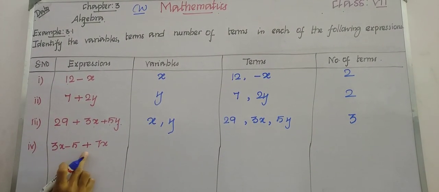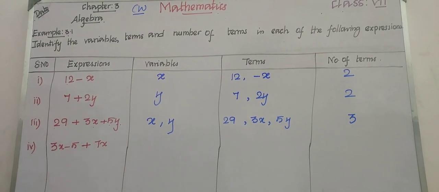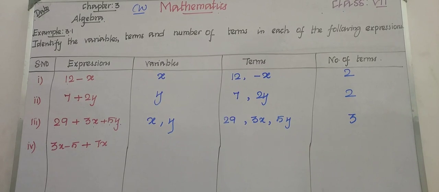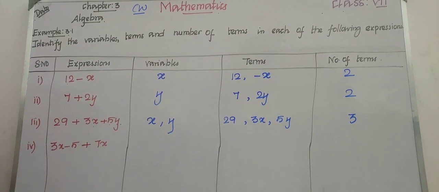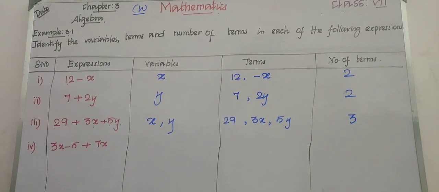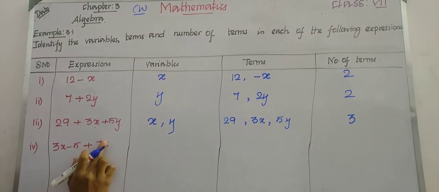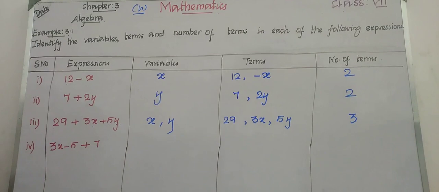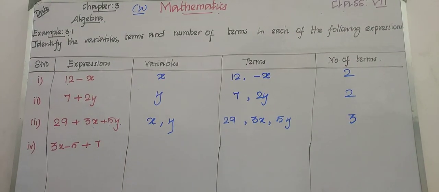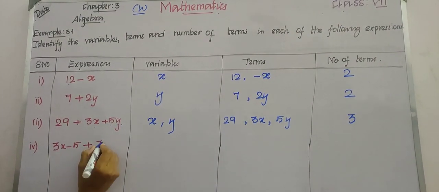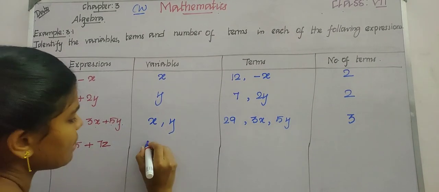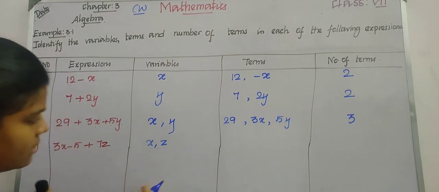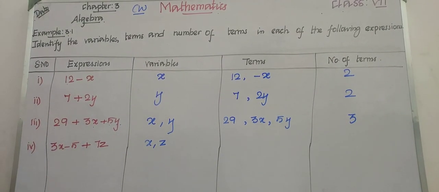Now see the fourth question: 3x minus 5 plus 7x. What are the variables given here? x is a variable, and also x. So write the variable x. Now, what are the terms?